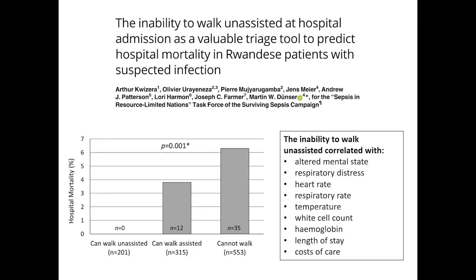So even if a patient fulfilled sepsis criteria, those who could walk in most likely had enough biological or physiological reserve and did not die. On the other hand, patients who could only walk assisted or could not walk at all were at risk of dying in the hospital. And this inability to walk unassisted correlated with acute organ dysfunctions, with deranged vital parameters, but also with deranged laboratory parameters, and correlated with the length of stay.